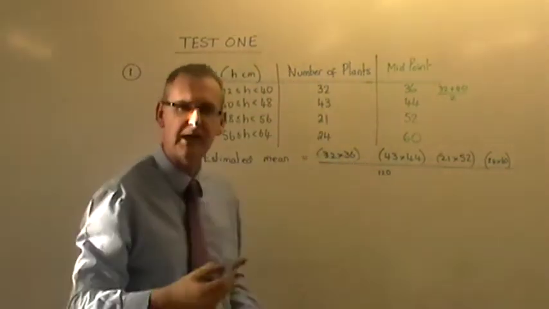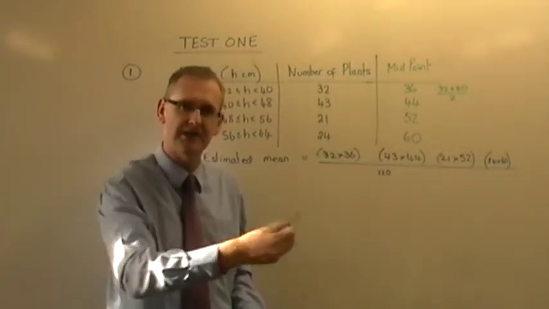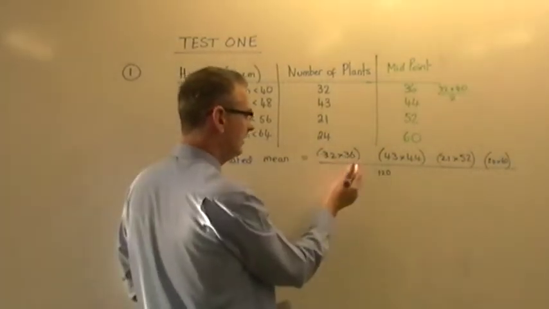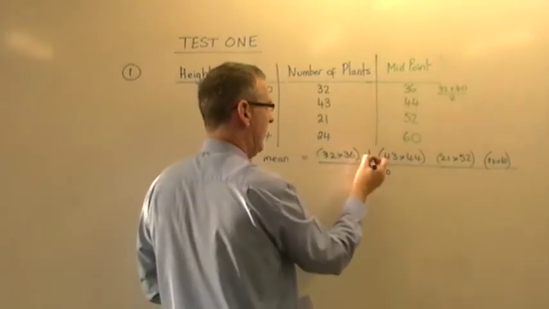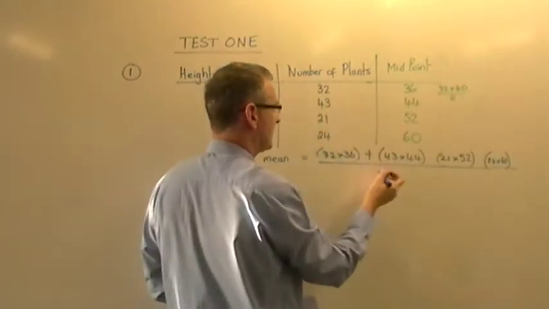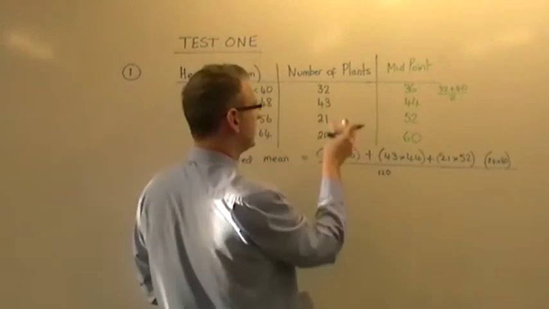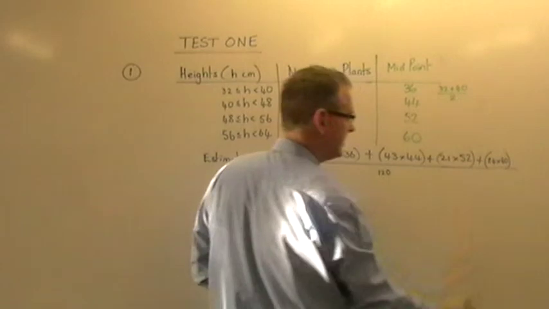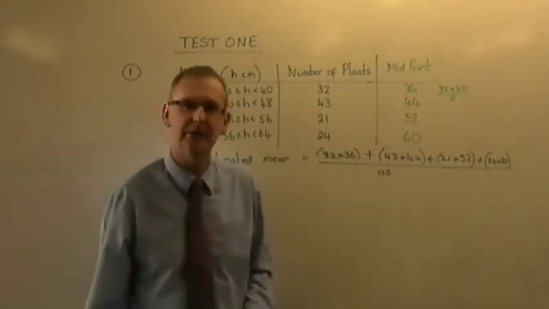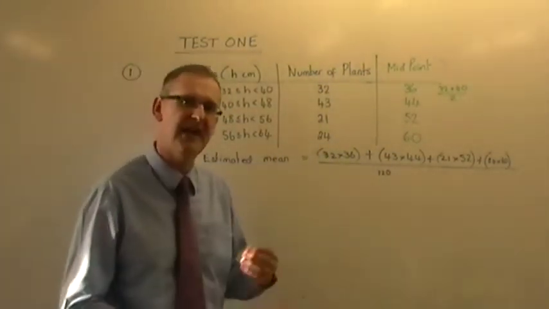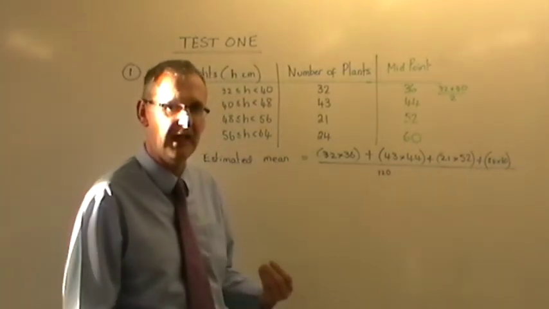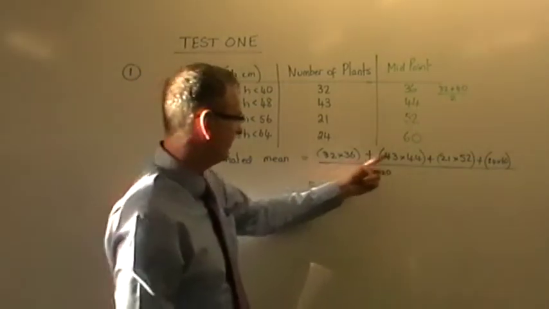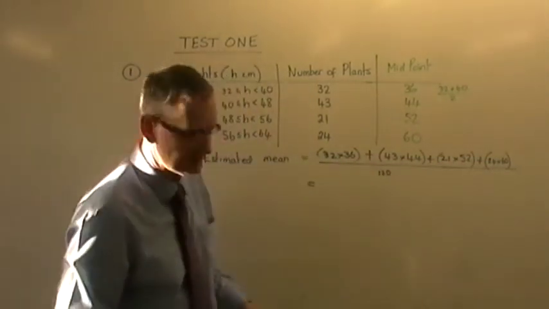So if I want to find a grand total of all the heights of all 120 plants added together, I need to take the total for the first set of results, and add it to the total for the next bunch of plants, and add it to the total for the next bunch of plants, and then for the last bunch of plants I need to add them as well. And that is how you get the grand total as an estimated answer for the total height of all the plants.